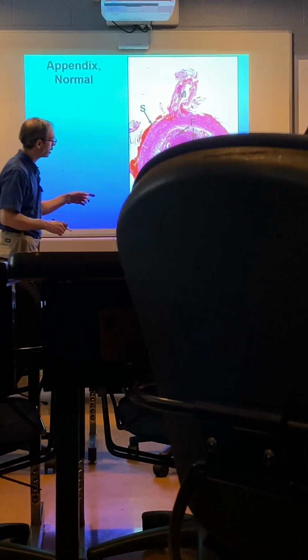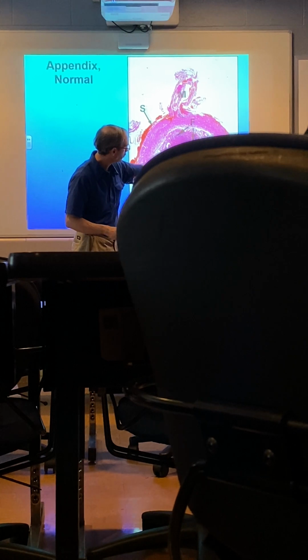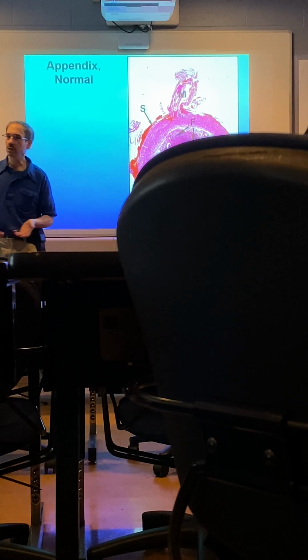And if we look here at this appendix, you can see that there is some inflammation, that blue stuff right there, all inflammatory cells, definitely populates the mucosa, and some of it extends down into the superficial submucosa. So looking at the distribution, yeah, that's inflammation, but I don't consider it abnormal.